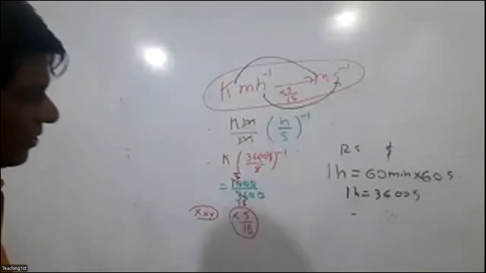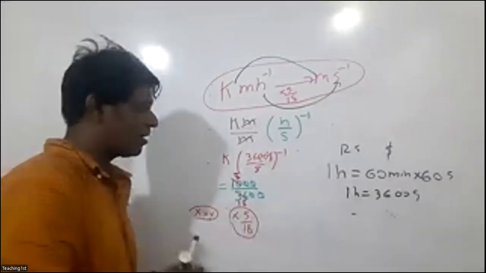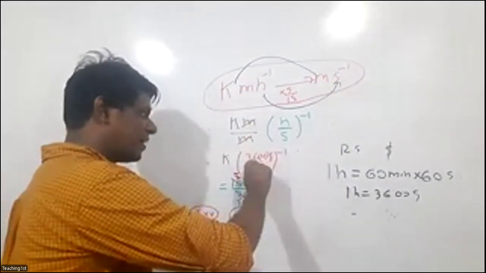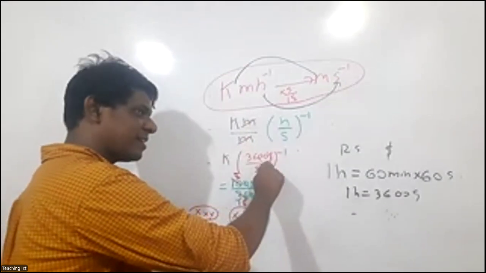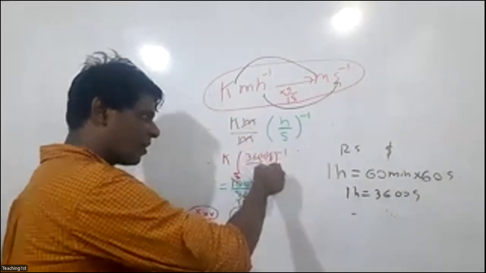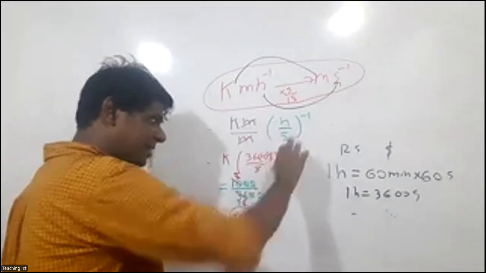Even year 5 students know this. But imagine if you have forgotten. That's why I put 3600 seconds. Now the seconds and seconds are gone because of the minus sign.